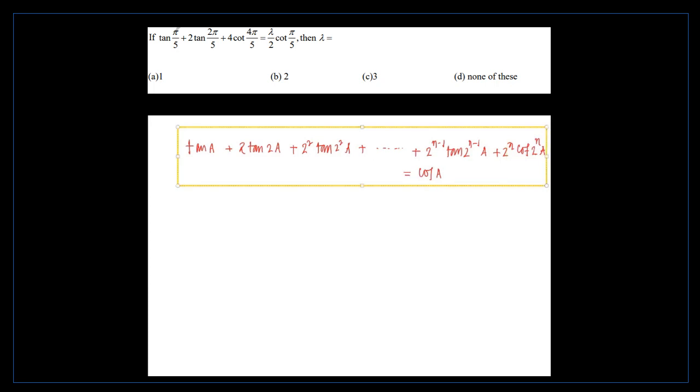Very important. Here we take the next sum, where the given expression we write first.